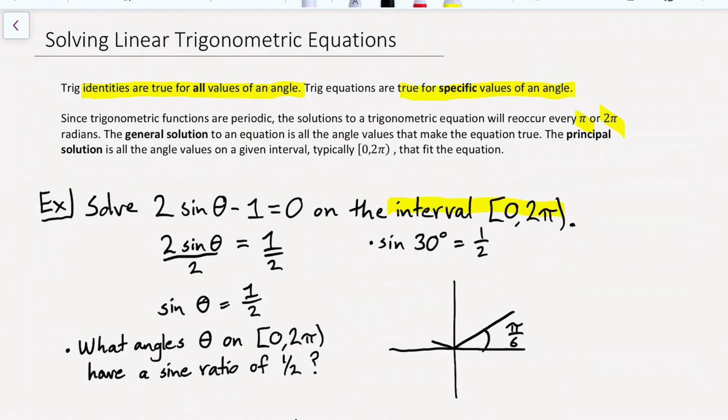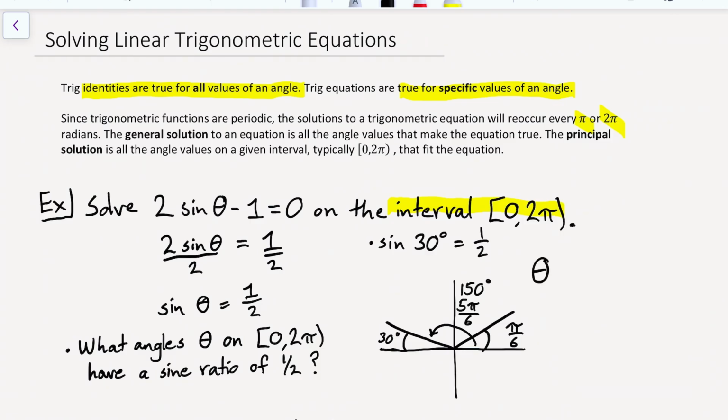The other solution is found in quadrant 2, where sine of theta is also positive. So an angle theta in quadrant 2 with a reference angle of 30 degrees will also have a sine value of 1/2. This angle is 150 degrees, or 5 pi over 6 radians.